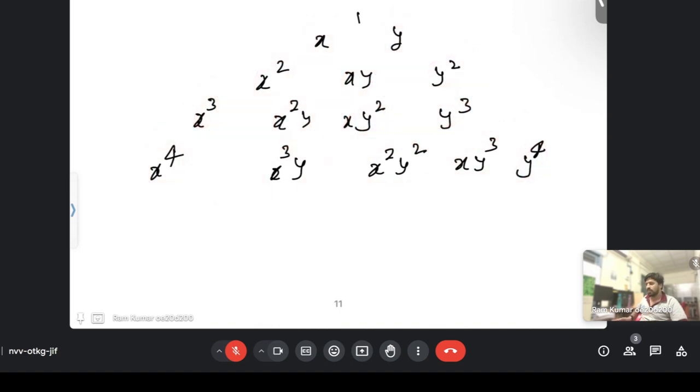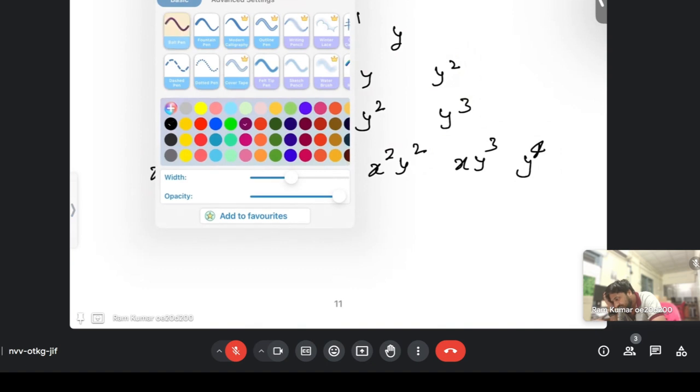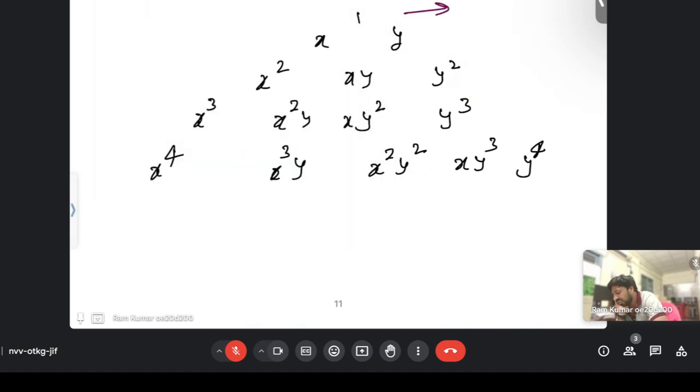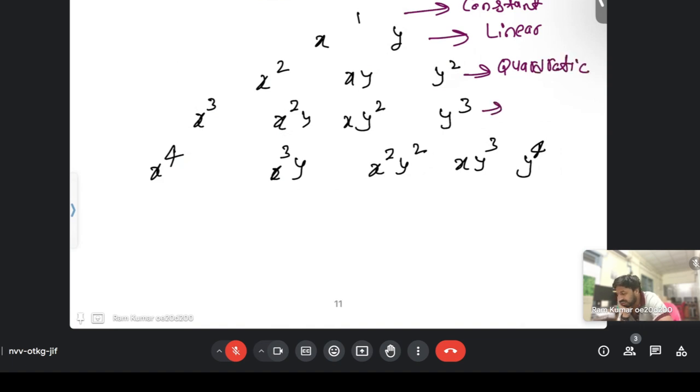So the total power we have to maintain. So how are we going to write them? This one will be for constant, this is linear, this one for quadratic, then this will be for cubic, and this will be for quartic.